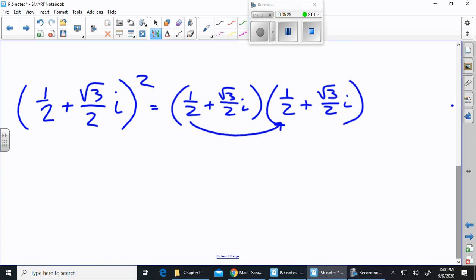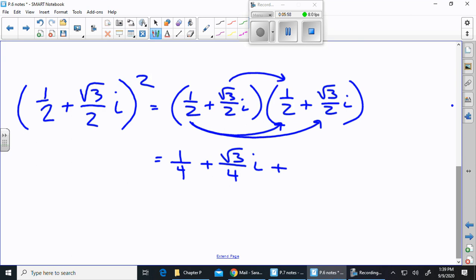Now remember, multiplying fractions, straight across the top, straight across the bottom, even though I know a lot of you will use your calculator. A half times a half is a fourth. A half times a radical 3 over 2 with an i, 1 times radical 3, top, 2 times 2, and I still got my i. Now do the next one.